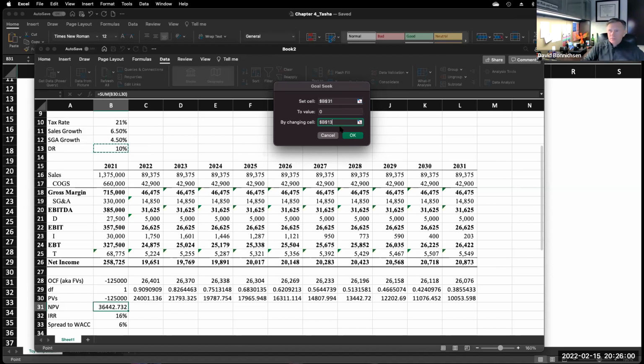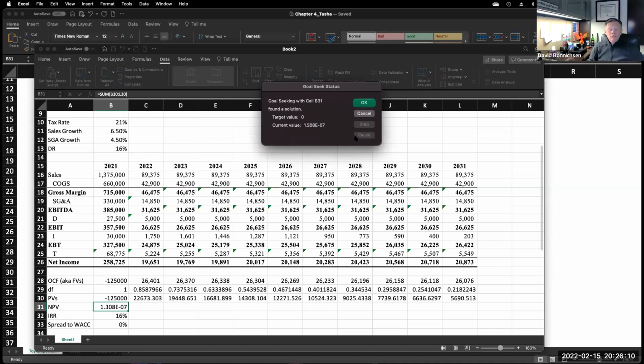So let's see if it works. I'm going to set B31, which is my NPV, to 0, and vary my discount rate. Bingo. Now we've just proven that the IRR that's necessary to set my NPV to 0 is 16%.